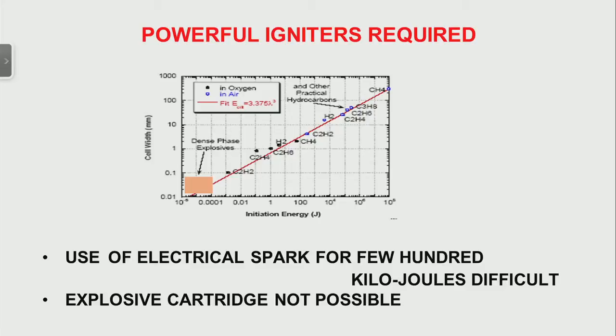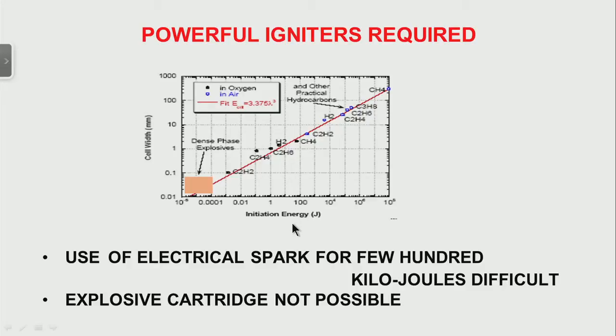Therefore, let us now put together what we did in the last class, where we found out how much energy is required for direct initiation of a detonation, namely the blast initiation, which we just saw on the board.